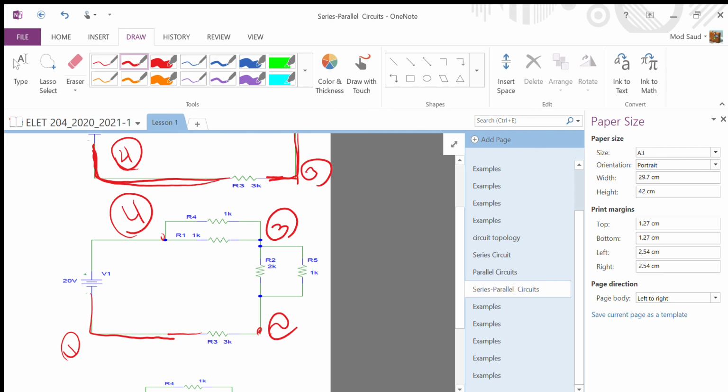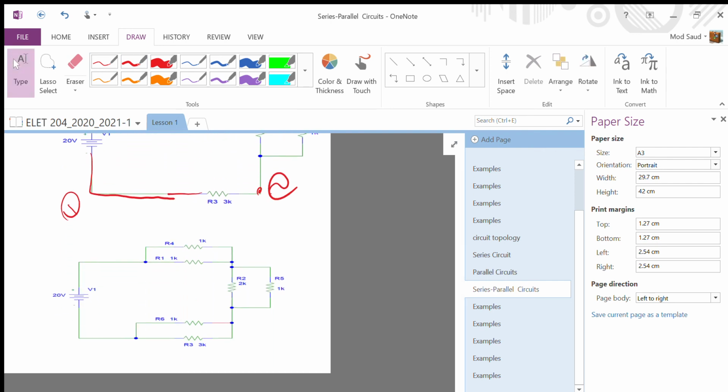Node number 2 connects 3 elements, so no way this is a series circuit. It is not parallel because it is more than 2 nodes. It is not series because there is at least 1 node connecting more than 1 element. See, I didn't check anymore. First one I found more than 1 element, I stopped. This is series parallel. Count number of nodes, 4 nodes, so it is not parallel. 1 node more than 1 element, it is not series.